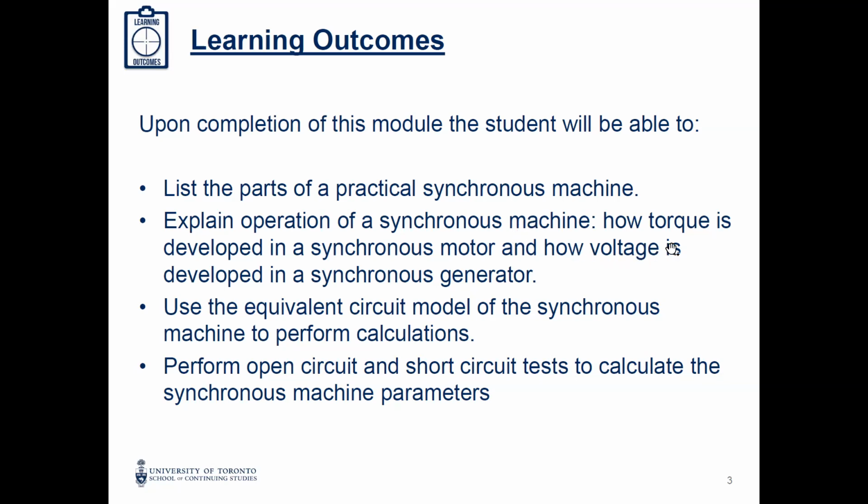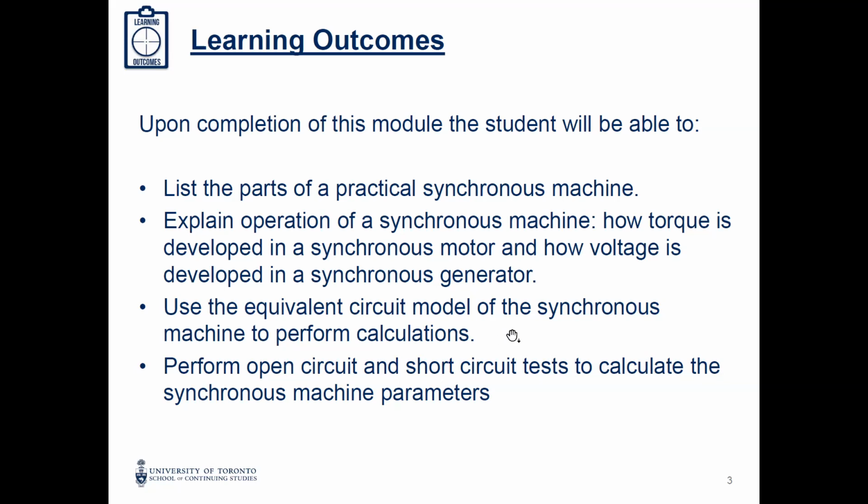Then we will have the equivalent circuit, similar to what we did with the DC machines and the transformers. Then we have open circuit tests and short circuit tests. They are not that important, similar to the transformer, but we are going to cover them. It's, I believe, very simple. You will see it at the end of this module.